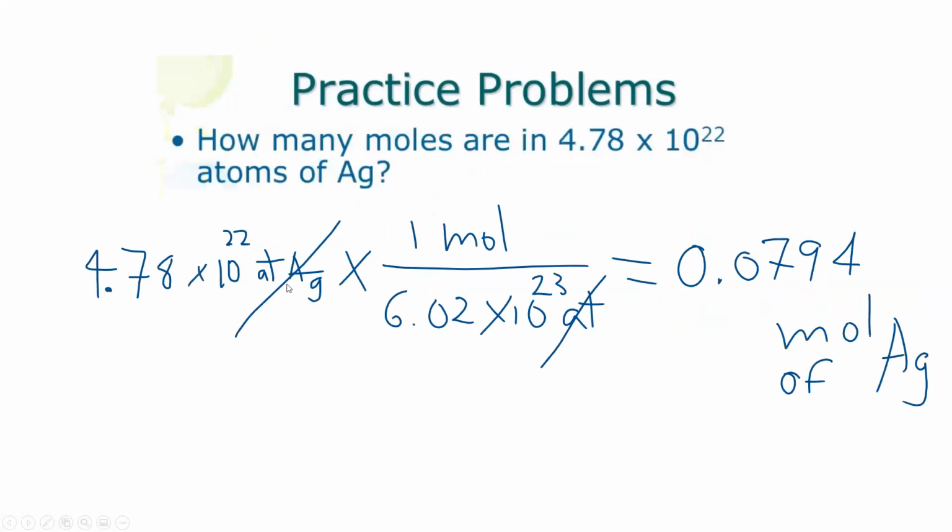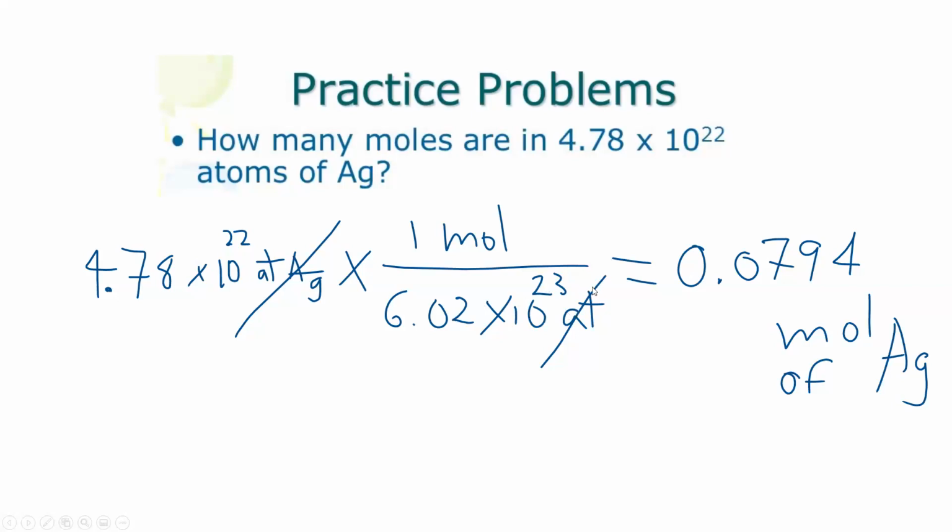But also you can go from atoms to moles. In this case, what is given? 4.78 times 10 to the 22nd atoms of silver, and you want to know how many moles you have. Then you know that 1 mole is 6.02 times 10 to the 23 atoms.